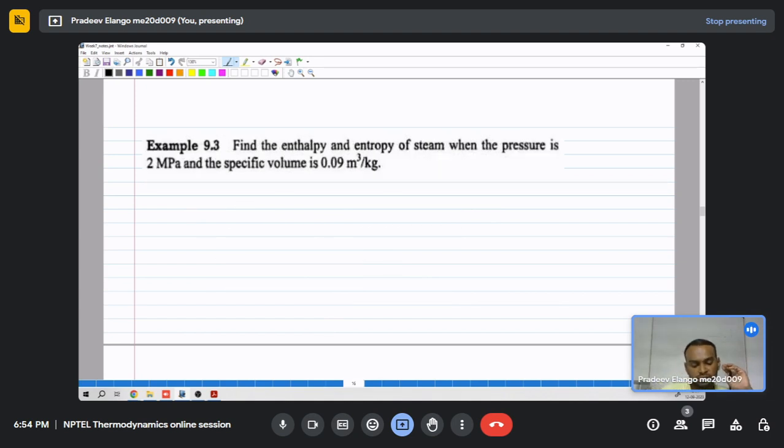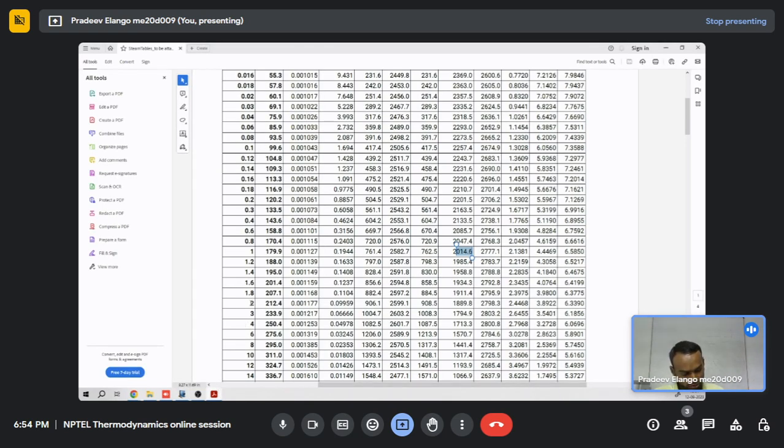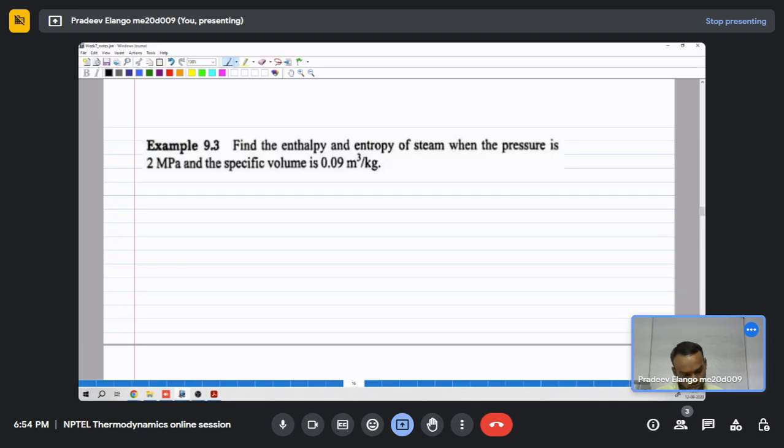Now the second problem: find the enthalpy and entropy of steam when the pressure is 2 megapascal and the specific volume is 0.09 meter cube per kg. So we can go to the 2 megapascal row, and the specific volume is given as 0.09.